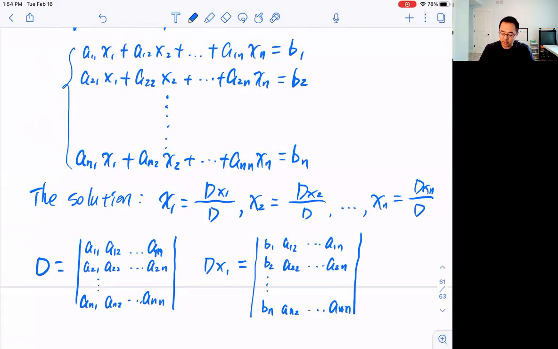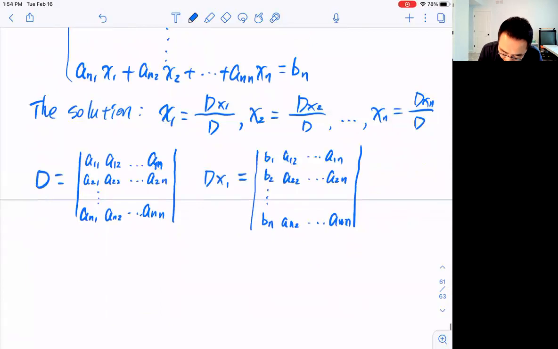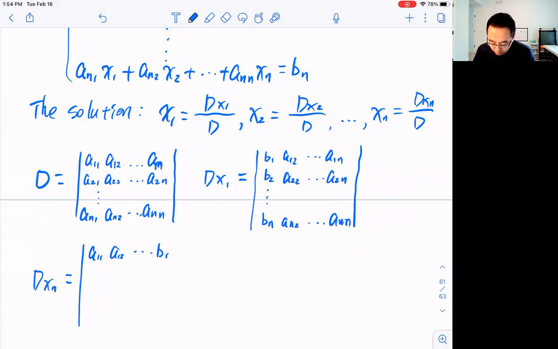Okay, and similarly, d of xn is when you have a11, a12, dot dot dot, all the way to b1. You're replacing the last coefficient column with the constants. Okay, and then a21, a22, dot dot dot to b2. And then down here is an1, an2, dot dot dot to bn.